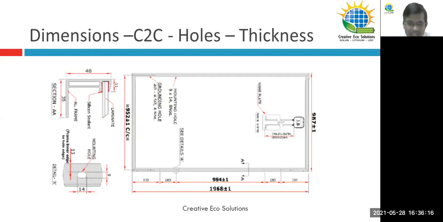Under this 2 meter length you will have the C2C. You have to identify the C2C properly and give this information to your fabricator, so that when he makes this solar structure, he ensures the solar panel sits on the purlin properly. This is an important parameter to notice.